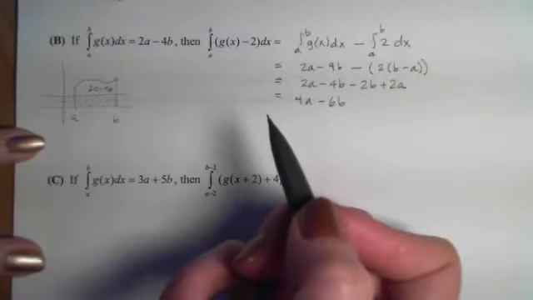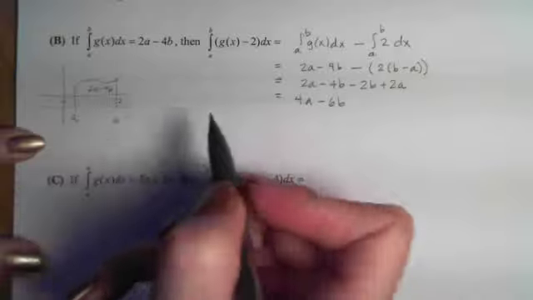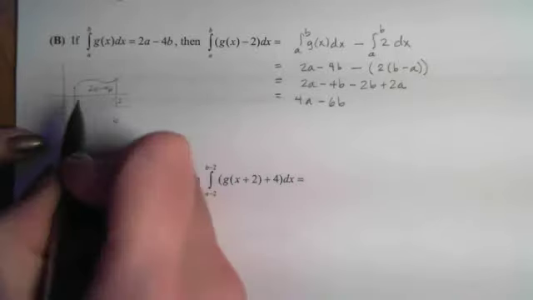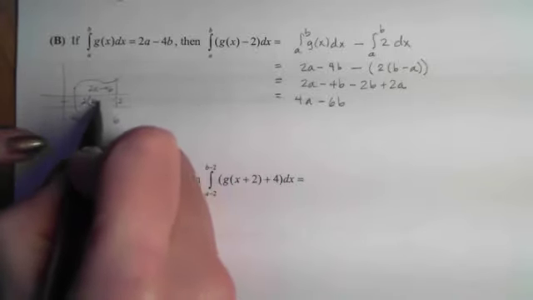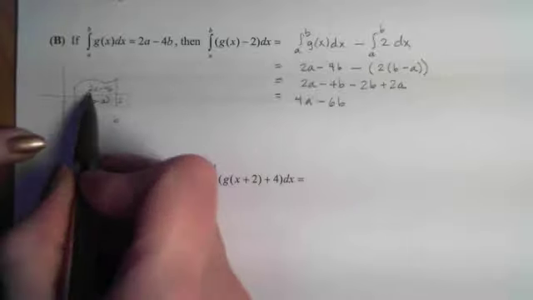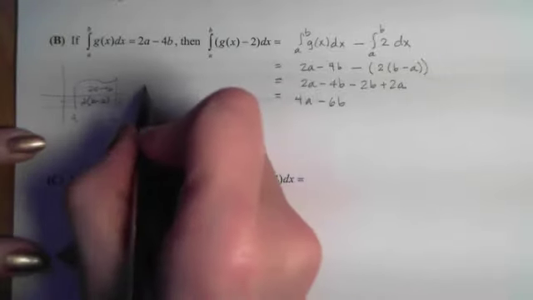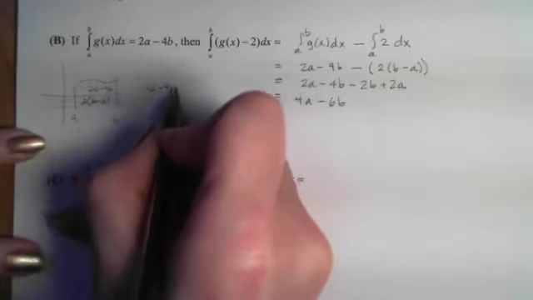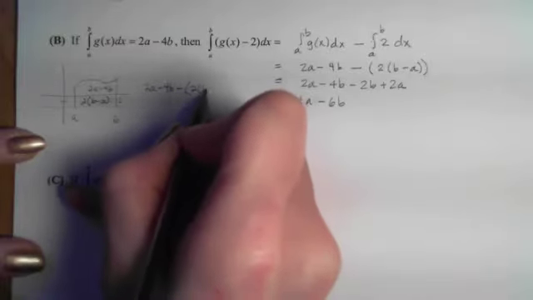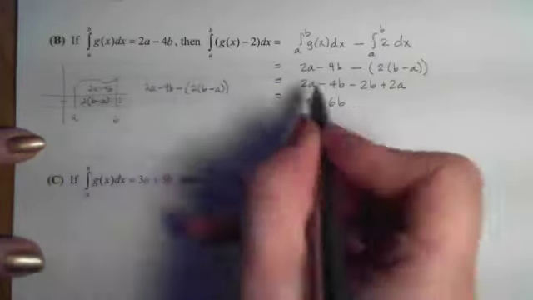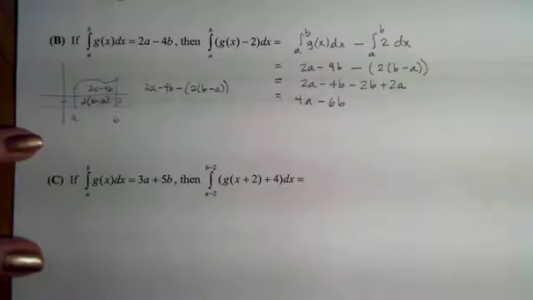It's not going to be there anymore. So that area has a height of 2 and a width of b minus a. So if I take the original area, which was 2a minus 4b, and I subtract the area that I lost, then I end up at the exact same place.